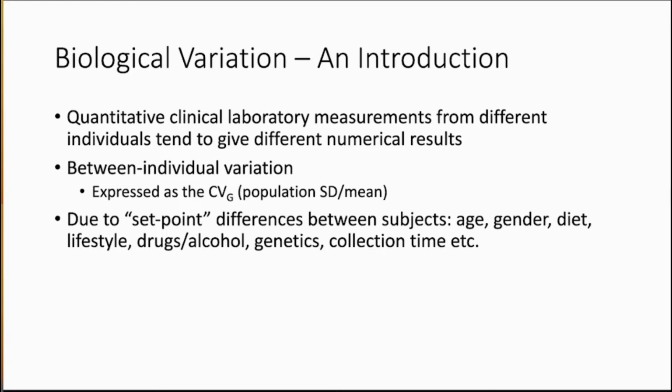And that's defined as the population standard deviation divided by the mean. So different people have slightly different values, and sometimes they're more than slightly different. And these are attributed to different set points between subjects based on things like age, gender, the diet that they're taking, their lifestyle, any drugs or alcohol, genetic factors, collection times, etc.